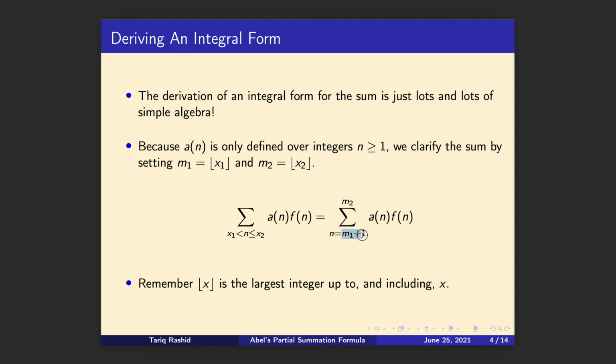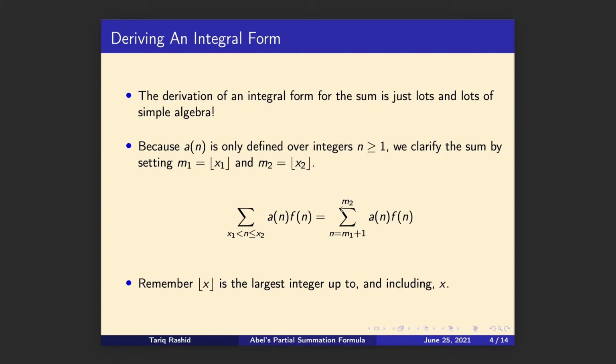The lower limit is the first integer just above x1, and the upper limit is the highest integer below x2. So we can use the floor function. If m1 is the floor of x1 and m2 is the floor of x2, then the lower limit has to be just above x1, so it's m1 plus 1, and the top end is m2. That's an easy thing to do.